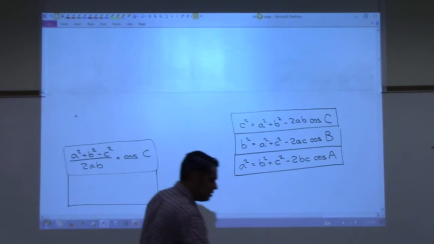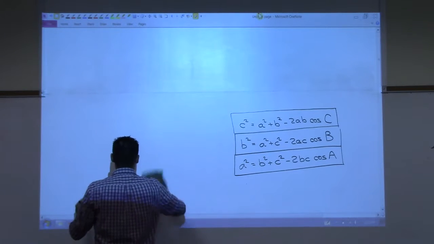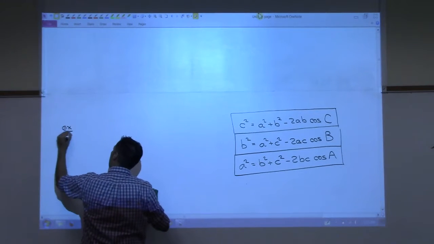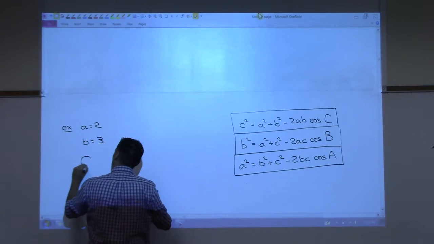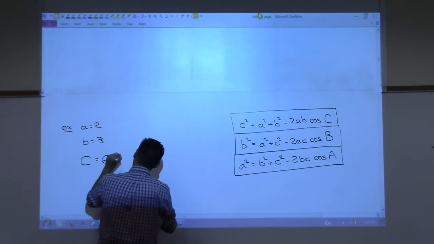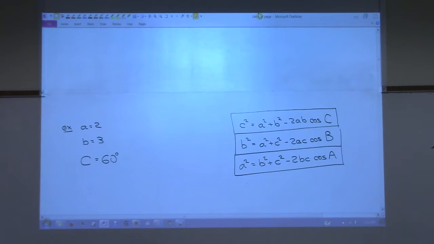Okay, let's go back to that original problem that I put on the board. A was 2, I think. B was 3. And angle C was 60 degrees. Double check that. Yes. Okay. So I can't use law of sines on this, right?